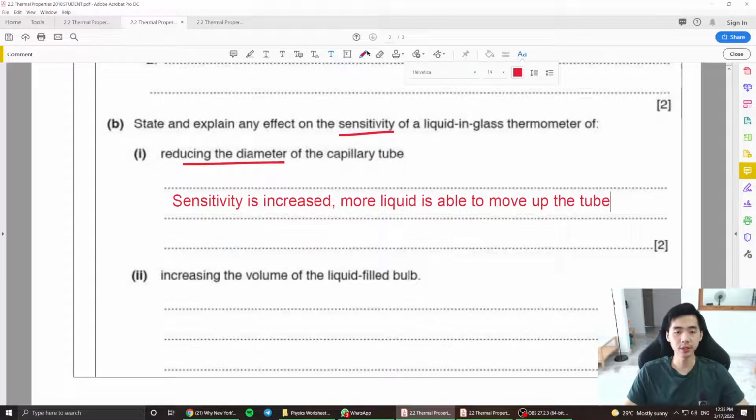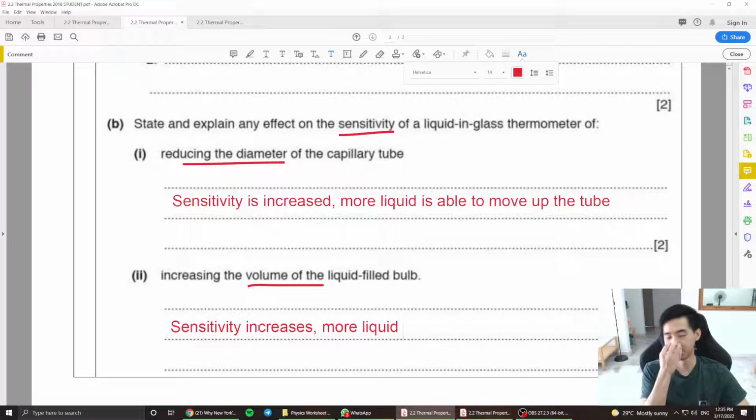Whereas increasing the volume of the liquid bulb here is going to increase the sensitivity as well. Sensitivity increases, more liquid is able to expand. There is more liquid for expansion. More liquid is able to expand up the tube. Okay.